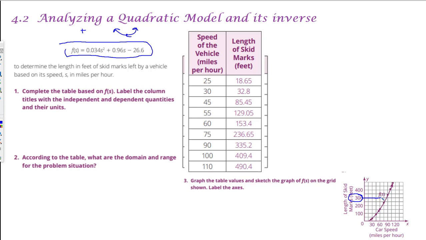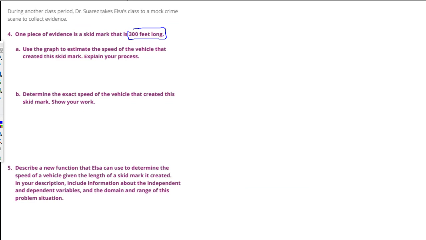300 would be about what speed? So you should have come up with it being about how long, do you think? I would say somewhere in the neighborhood of just shy.